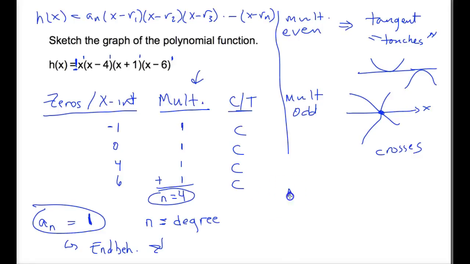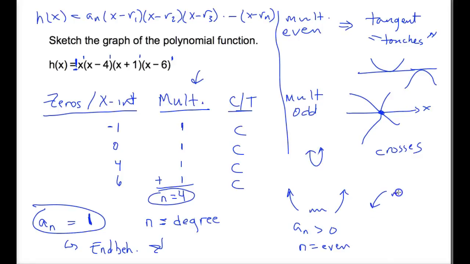Choice number 1 is something like this, and this is the case of when the leading coefficient is positive and the degree is even, and that's kind of what we see here. So I like to say whenever we have this, our end behavior looks a lot like x squared, okay? And we know x squared kind of looks like a parabola like that.